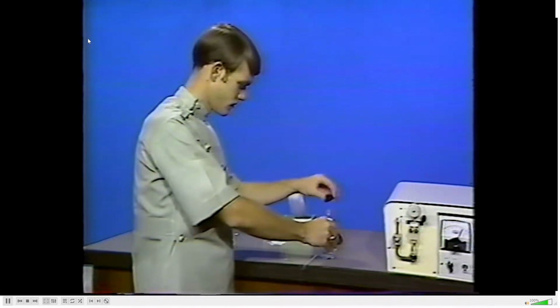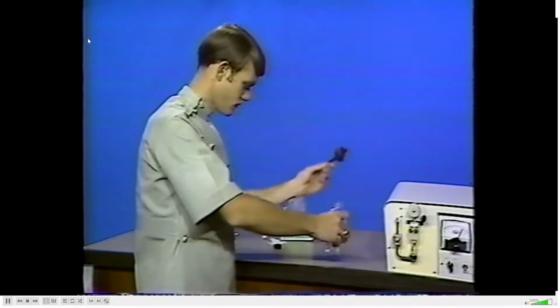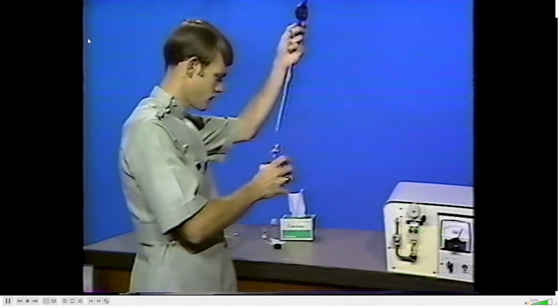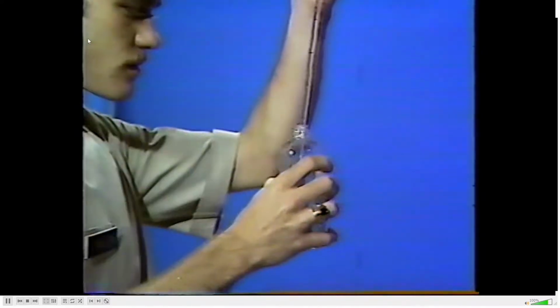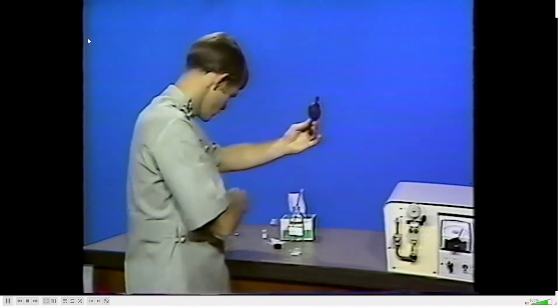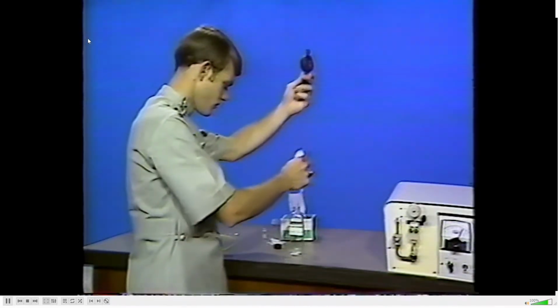Let's prepare blanks, standards, and unknowns, and then describe the operation of the chloridometer. First, we prepare 4 blanks by delivering 4 milliliters of acid diluent to clean glass vials which have been properly labeled for identification.